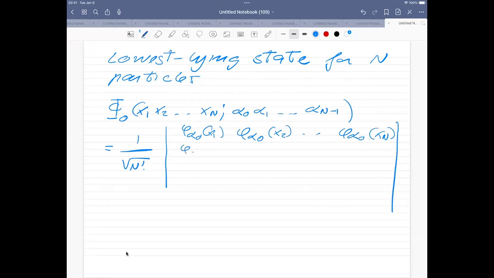And then we have phi alpha 1, x1. And this is phi alpha n minus 1 of x1. And this goes all the way up to phi alpha n minus 1 of xn. So this is an n times n determinant.